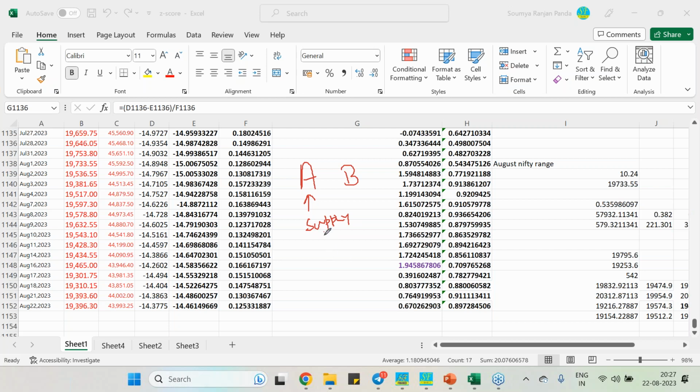So the saturated supply company I will be buying, and whichever has saturated demand, that company I will be selling. And both A and B are from one sector, or both have an interlinked index. So this is what is called your pair trade.